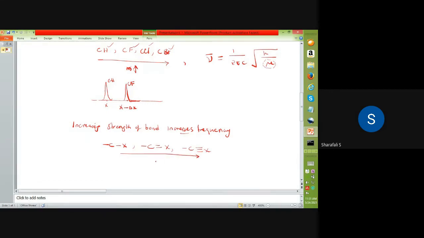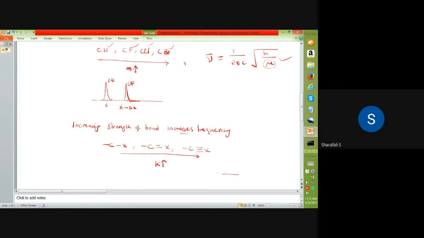So the force constant is going to increase, or we can say the K value in this expression will increase. Since mu bar is directly proportional to this force constant, the frequency will also increase, and the wave number also will increase.